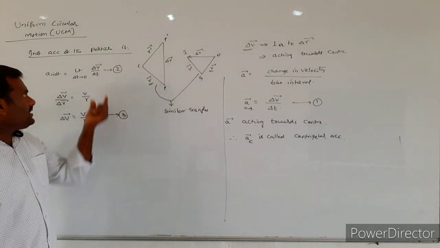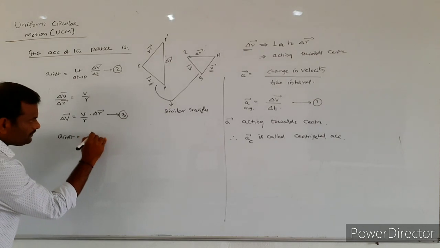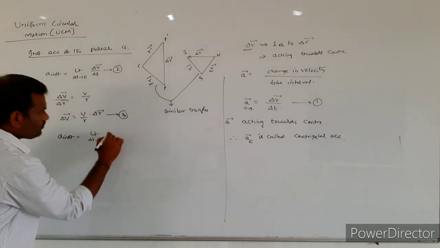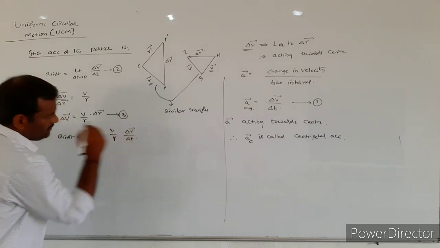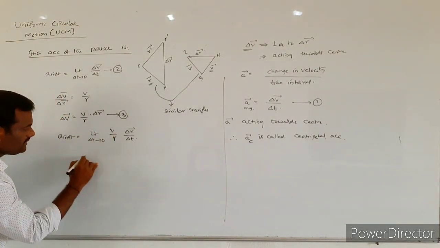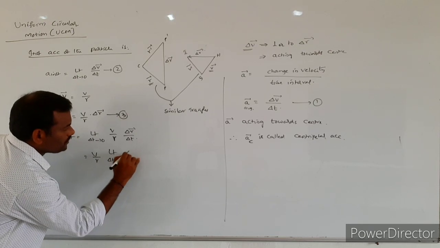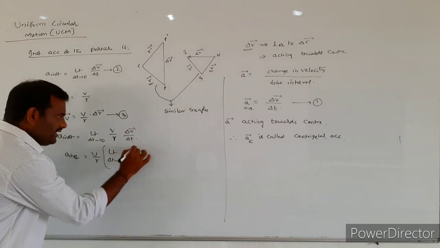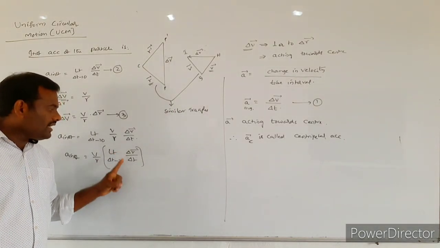Substitute the equation 3 value in the equation 2. Therefore, instantaneous acceleration is equal to limit delta t tends to 0, in the place of delta V bar, V by R into delta R bar by delta t. So V by R into limit delta t tends to 0 of delta R bar by delta t.